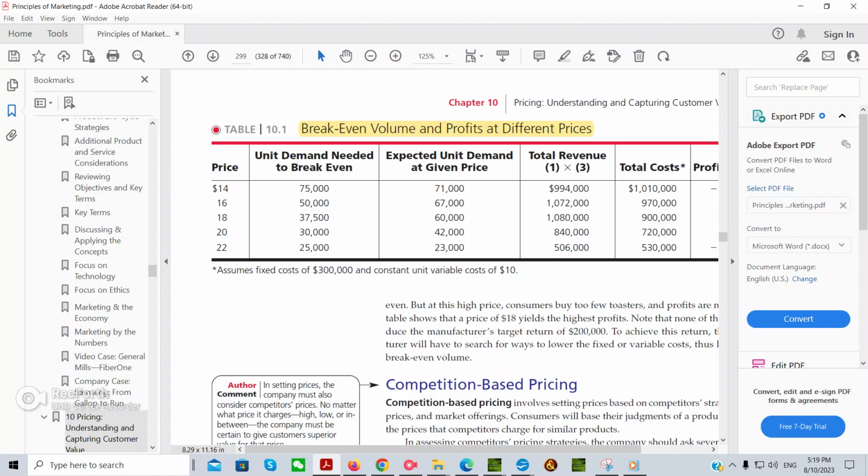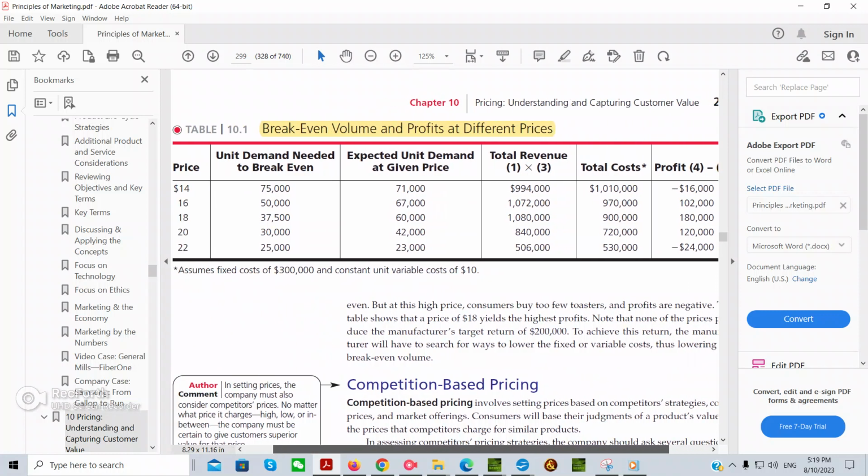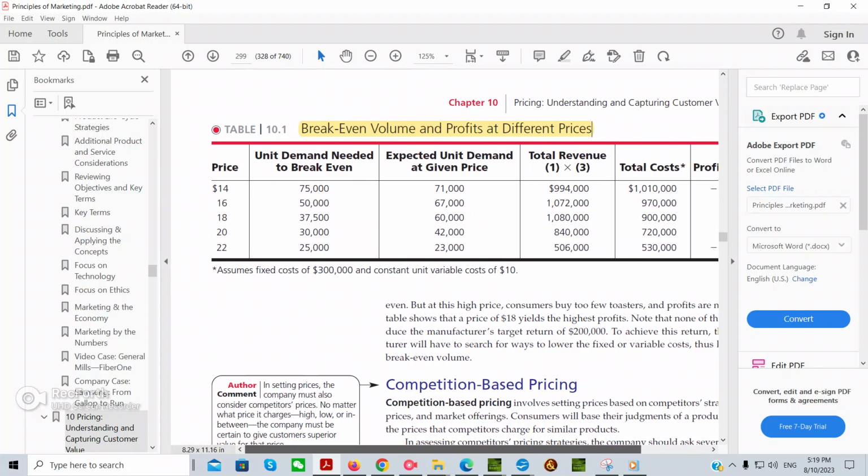As the price gets higher, the demand goes down.